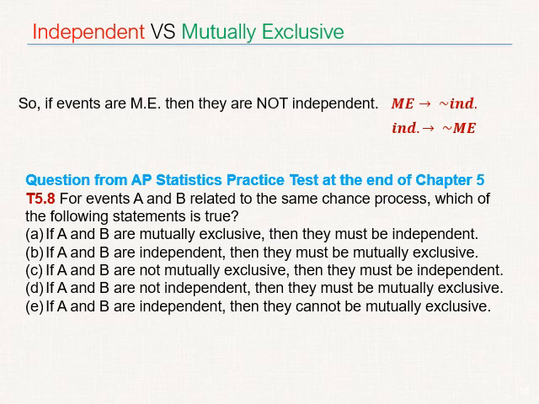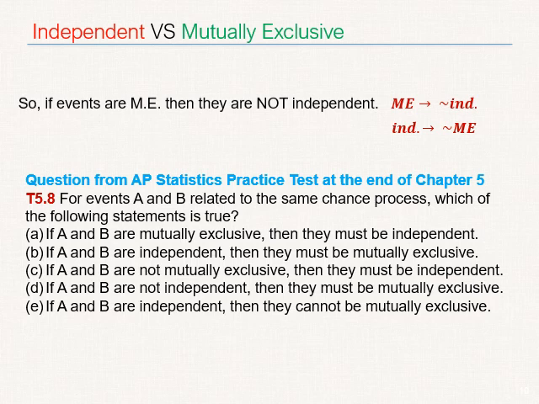Notice that we're not starting with mutual exclusivity, so we can't conclude anything. We always have to start with mutual exclusivity or independence, not the negations. Those sound like converses, and converses are not necessarily true. So C is wrong.